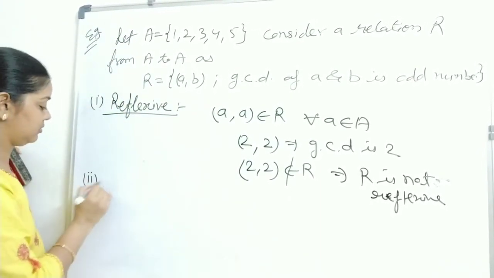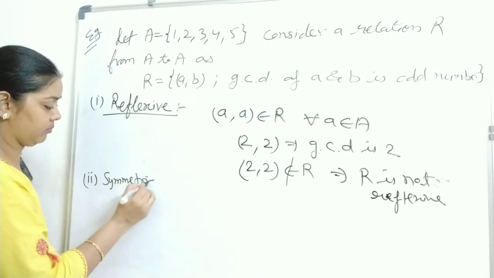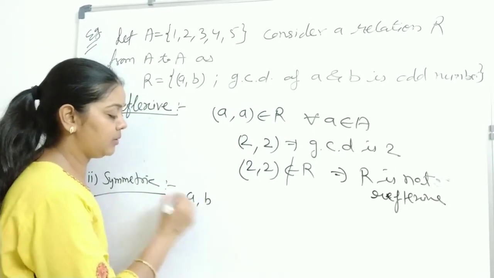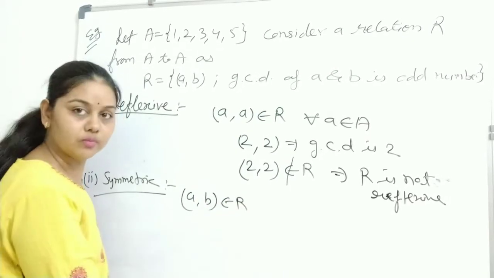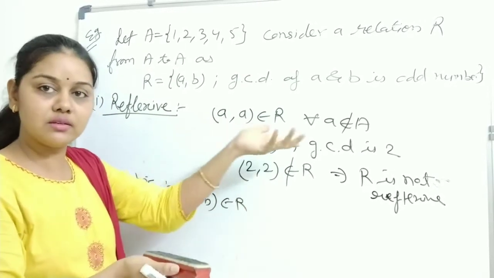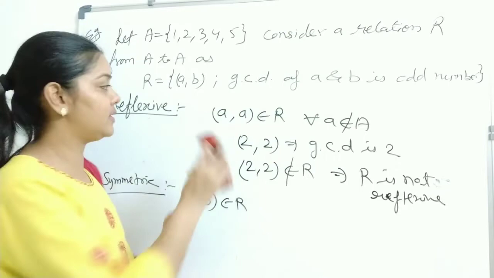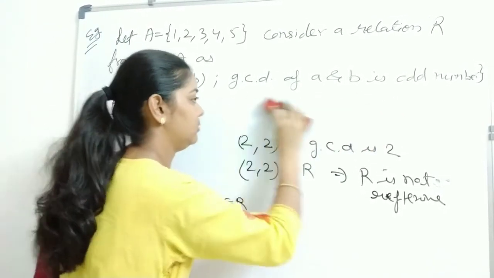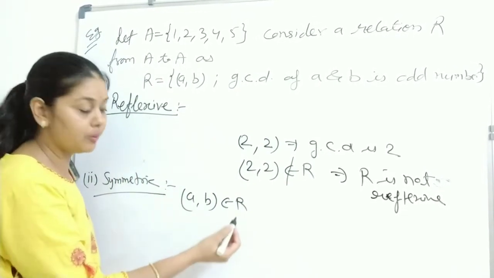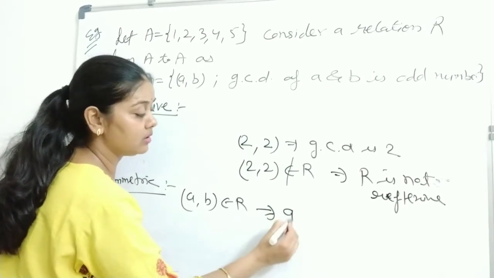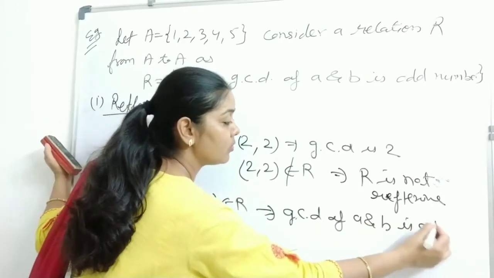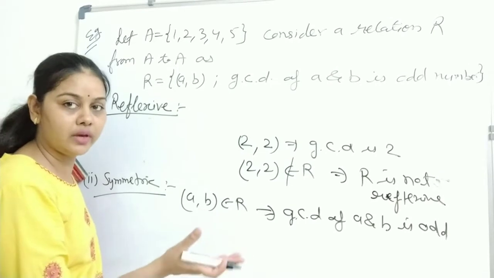Second is symmetry. If (A, B) belongs to R, it simply means that the greatest common divisor of A and B is odd.